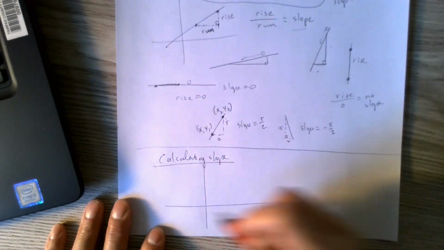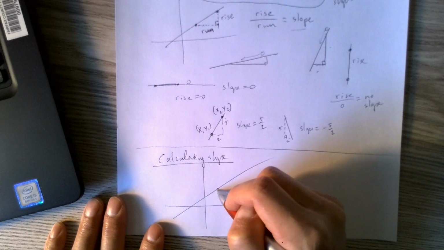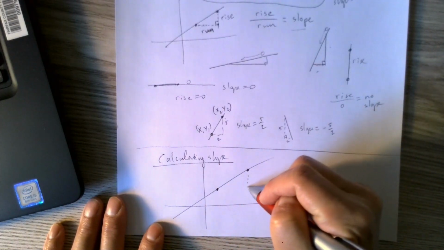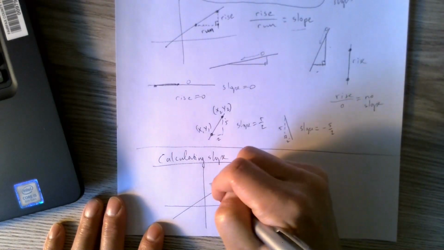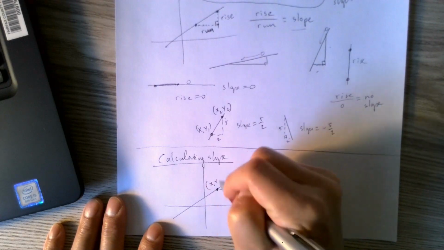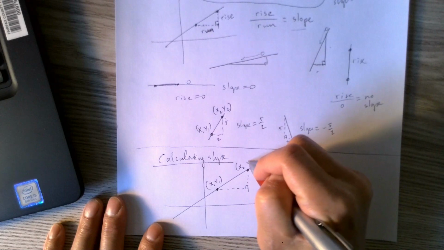Okay, so let's say we have a line here, and I pick 2 random points on the line. I draw my rise, I draw my run, and I'm going to give these 2 points coordinates called x1, y1 and x2, y2.